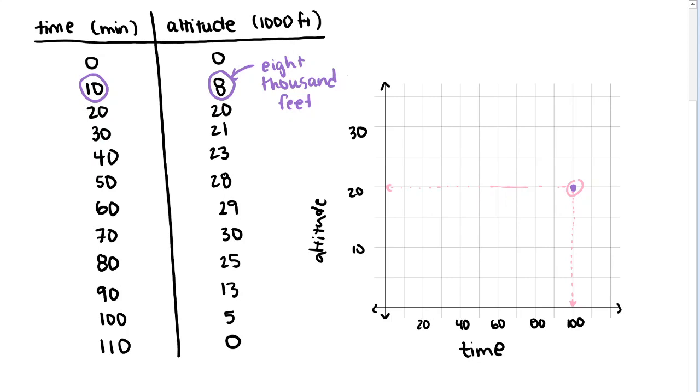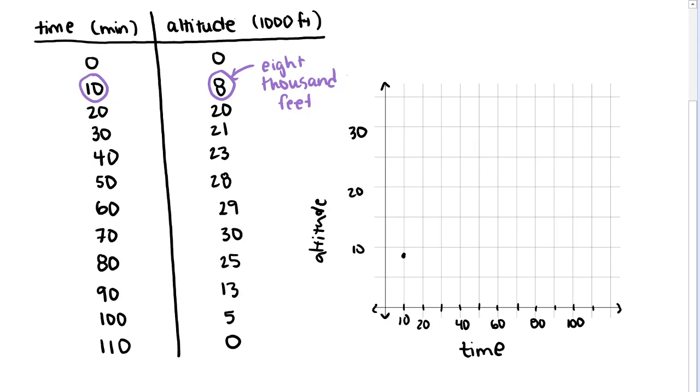And so let's use our example from earlier. We highlighted the fact that 10 minutes into this flight, the plane will be 8,000 feet in the air. So if each of these tick marks is 10 apart, then this spot on the horizontal axis is 10.